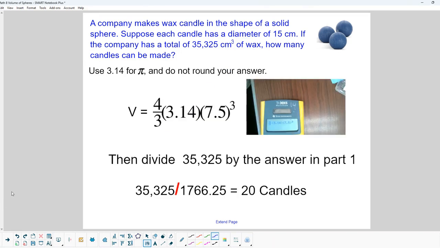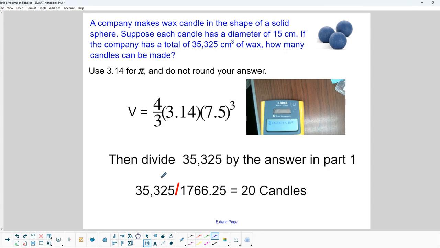So what we do, first of all, is find out how much wax is in one sphere, right? So you make a candle, and you find out how much is in there. And so it turns out to be 1,766.25 cubic centimeters of wax in one candle.